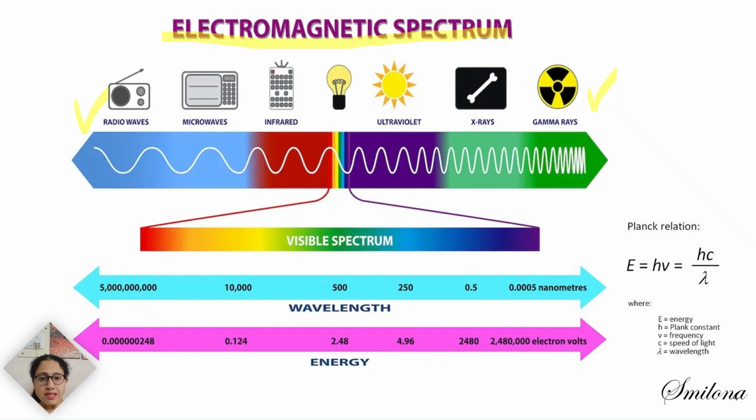The light that we see as sunlight is a small range called the visible spectrum, which spans from 400 nanometers in the violet to 700 to 800 nanometers in the red. If the wavelength is less than 400 nanometers, it is called ultraviolet. If the wavelength is more than 800 nanometers, it is called infrared, and so on and so forth.